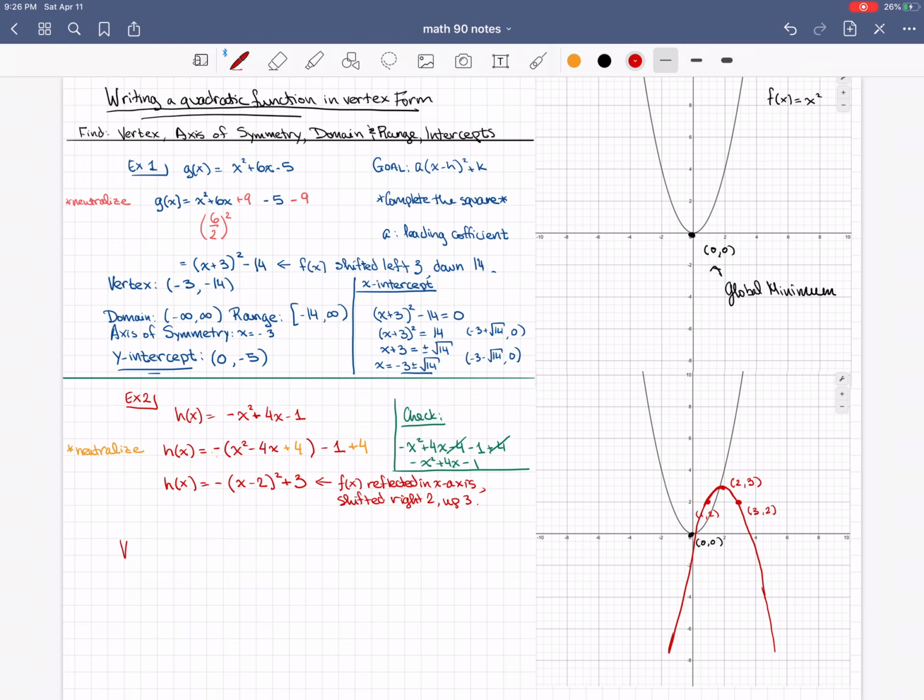So our vertex is the point 2, 3. It's a global max. We could have written that for the previous one, it was a global min. But since it hadn't changed from the original function, we didn't say that. Then the domain is all real numbers.